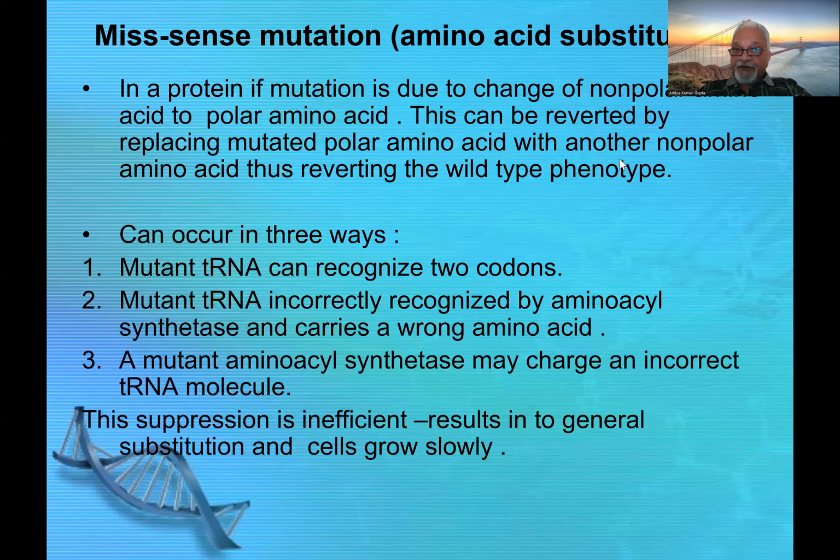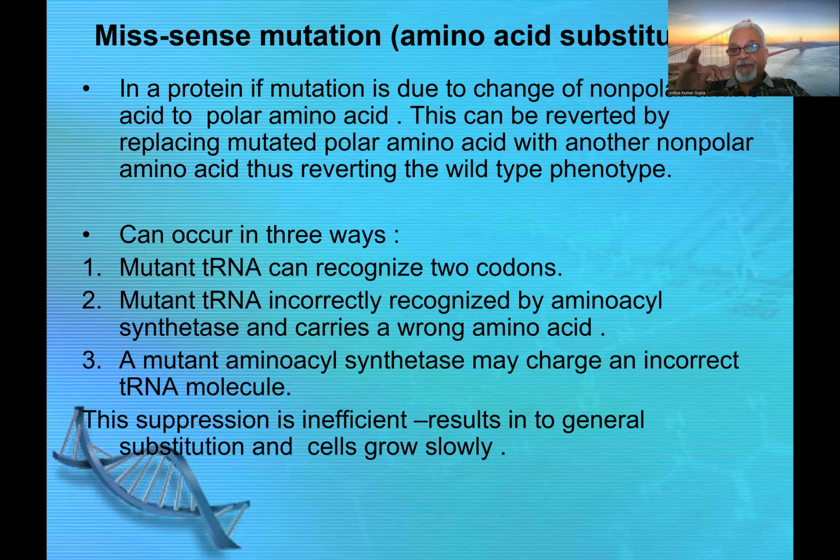Now, missense mutations or amino acid substitutions. Like we saw in the example, if the mutation happens from, say, a positively charged amino acid, after mutation it becomes negatively charged.